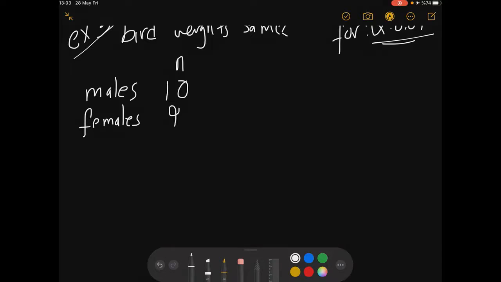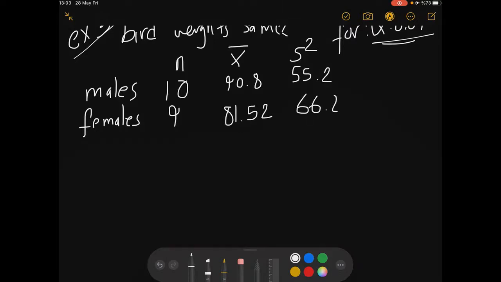But when we have fewer than 30 samples, we're going to do small sample hypothesis testing. Their means are 90.8 and 81.52, and their variances are given as 55.2 and 66.2.